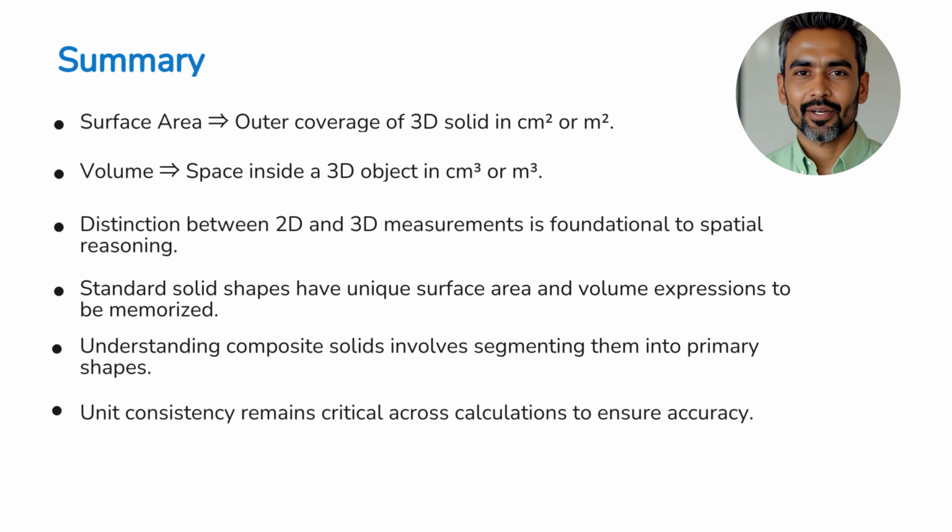When we deal with composite solids, these complex shapes made of simpler ones, our job is to split them into these basic solids and calculate each part carefully. Excellent understanding of this will give you a great foundation to solve many real-world problems efficiently. Arey vah, keep practicing, and you'll soon master the art of 3D geometry.